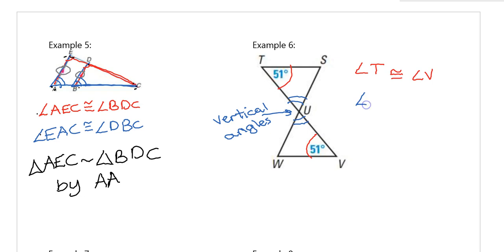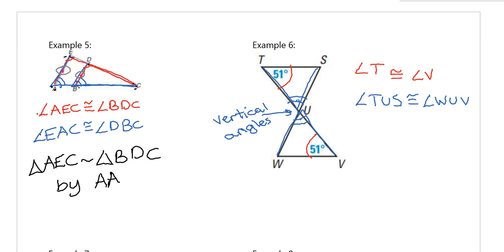So angle TUS is congruent to angle WUV. Again, I can't just say angle U because I don't know which part of U I am talking about. So I have to name it with all three.